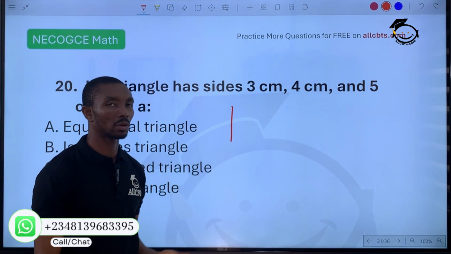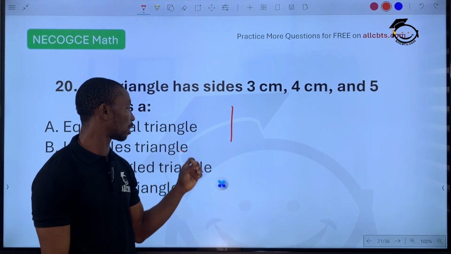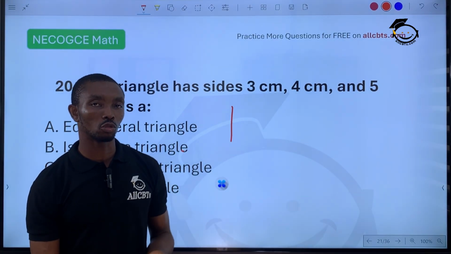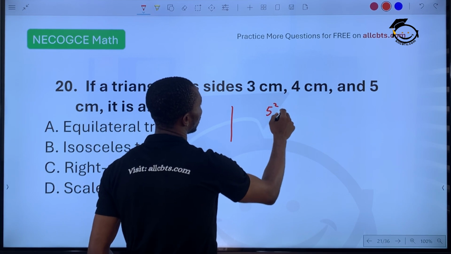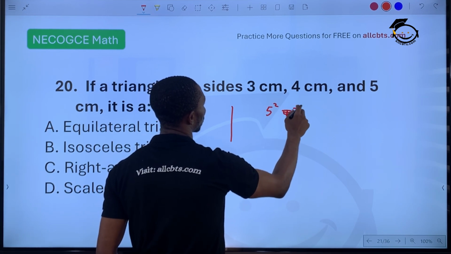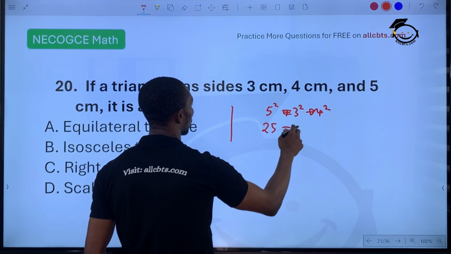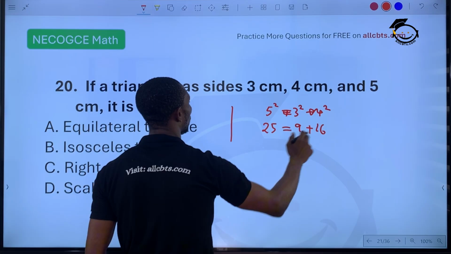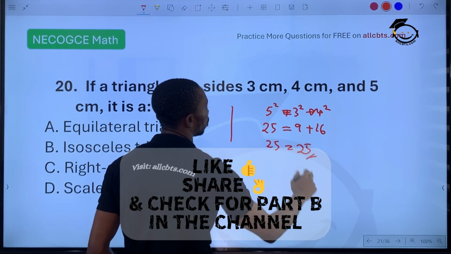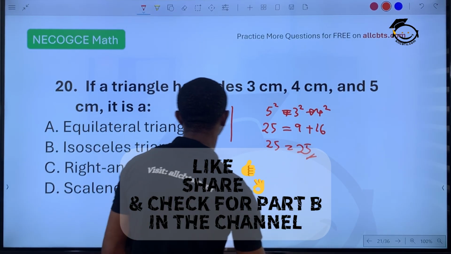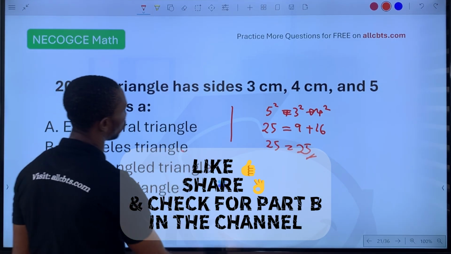If they obey Pythagoras rule, then this triangle is not just a scalene triangle, but a right angled triangle. So let's see. If they obey Pythagoras rule, that would be 5 squared equals 3 squared plus 4 squared. 5 squared is 25 equals 3 squared is 9 plus 16. So 25 equals 25. So you see, since it's obeying Pythagoras rule, this triangle is a right angled triangle.